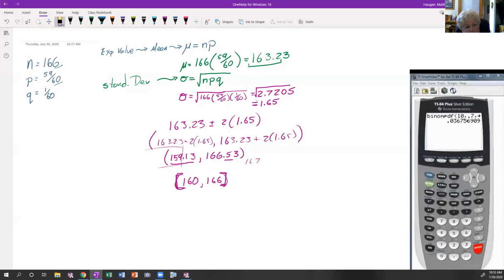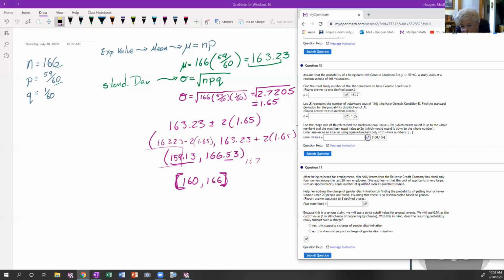Hey Matt, wouldn't it be cool if MyOpenMath, after you missed like three times, instead of just showing you the answer, showed you the work so you could compare that to your work? I don't know if that's ever going to happen.